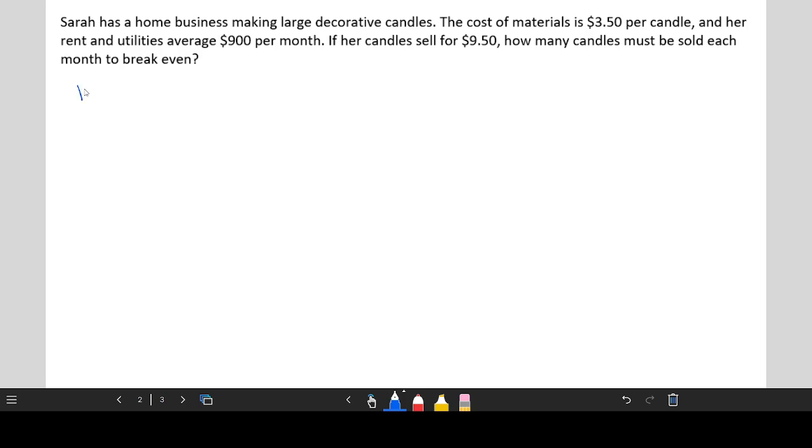So if we let x be the number of candles that she sells in a month, that's what we're trying to find. And then we can write down an equation for the cost of running her business for a month and an equation for the revenue.